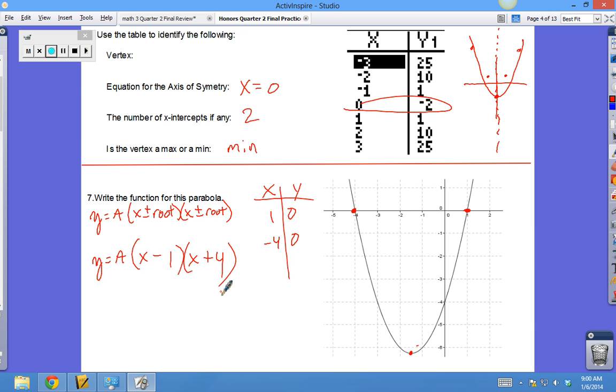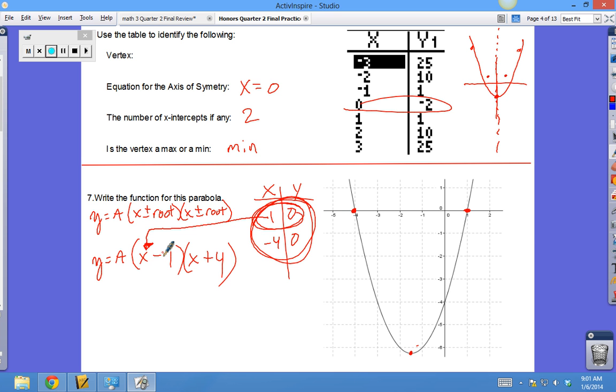So your roots, where they are on the graph, are actually opposite when you plug them into the equation, because look right here. This 1, 0, if I plug 1 in for x, it has to give me 0 for an answer. So let's take 1 and plug it in for x, and if I plug 1 in for x, I must minus 1, because 1 take away 1 is 0.